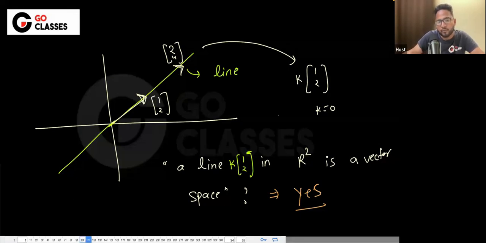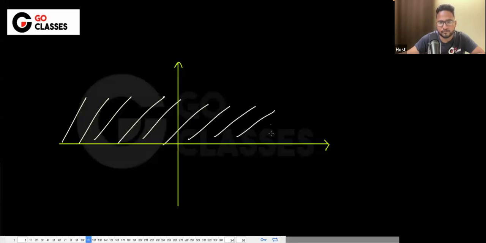Now tell me, for more clarity, suppose you have R2 again. We will talk about these things later on, but these are called, you can say, half spaces. Half space means something like this, something like this. Tell me, is this also a vector space?